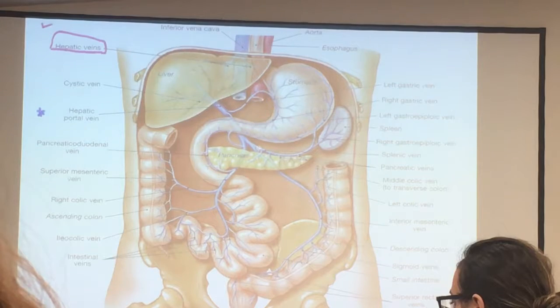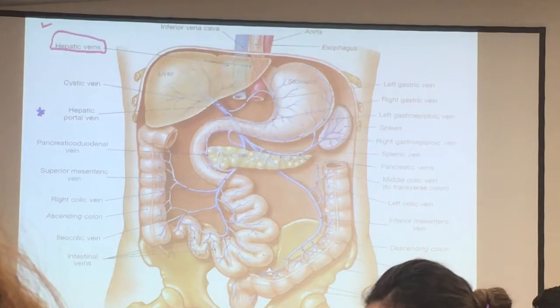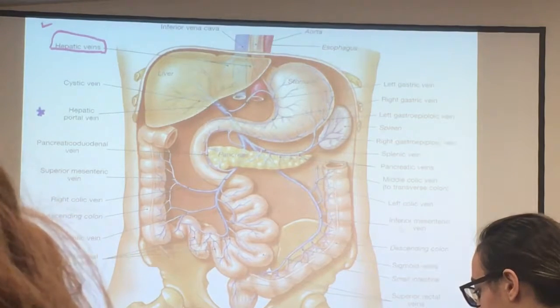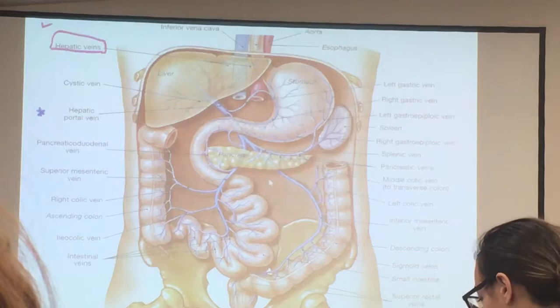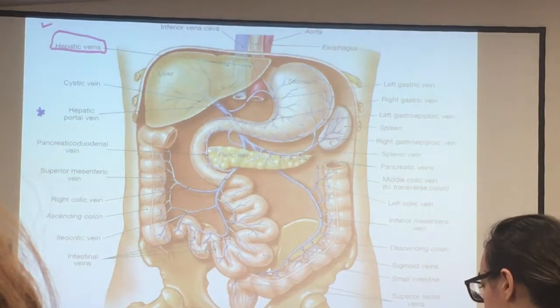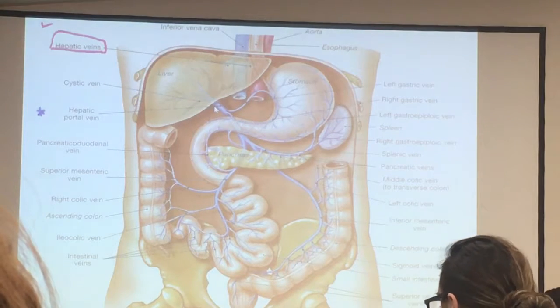And the vitamins and water from the large intestine, the lower part here, come from the inferior mesenteric vein, from the spleen, and from the stomach through the gastric vein. They are all coming, including the gallbladder, everything.